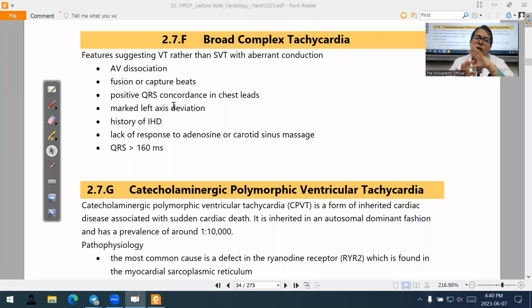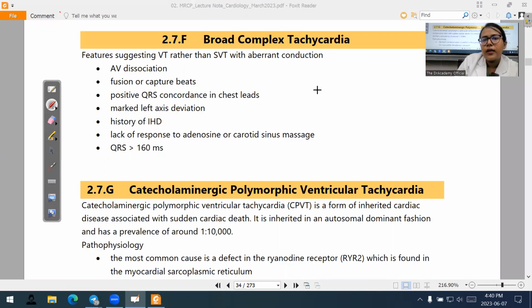Does anybody know the very easy way to say whether there is right axis deviation or left axis deviation? Yes, you should focus on 3 leads only: 1, 3, and AVF. This is very general, without going into the detail of the axis, because the cardiac axis can be very tricky sometimes.